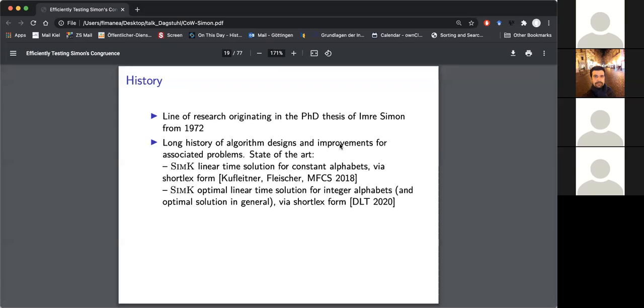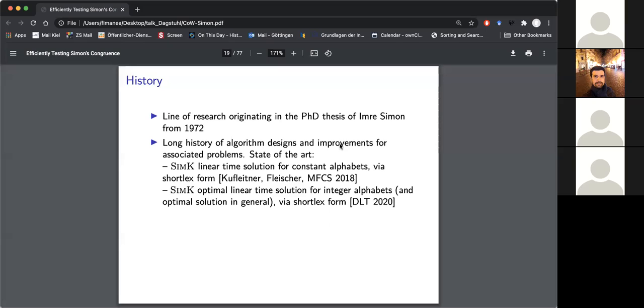So that's the shortest word and lexicographically smallest, which is equivalent to a given word from the point of view of SimK. They showed that this shortlex form can be computed in linear time for constant alphabets. Constant alphabets means that the size of your alphabet is bounded by a constant, so let's say it has at most 4 letters.